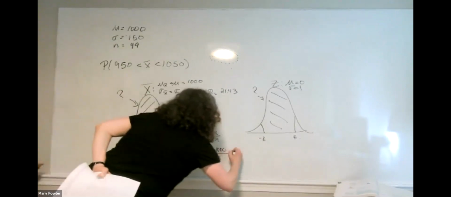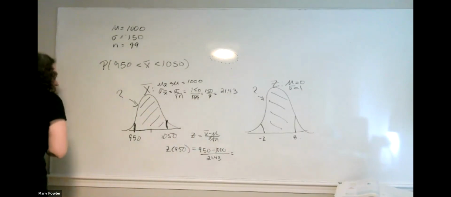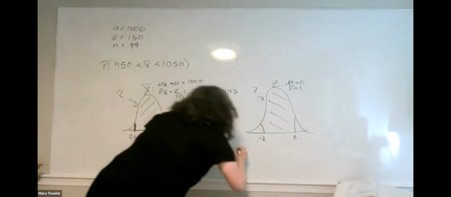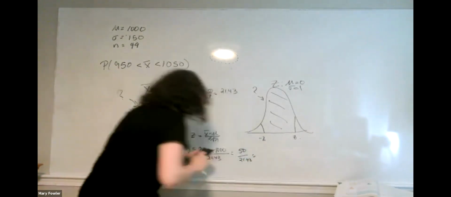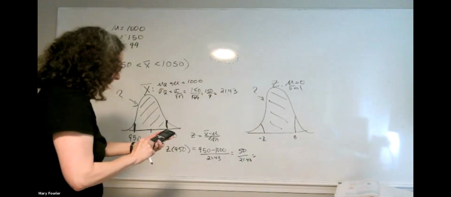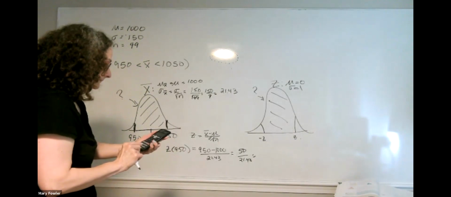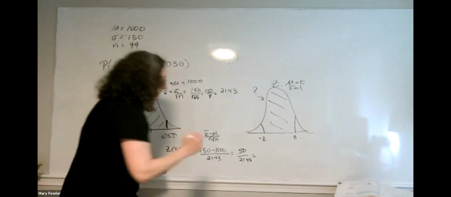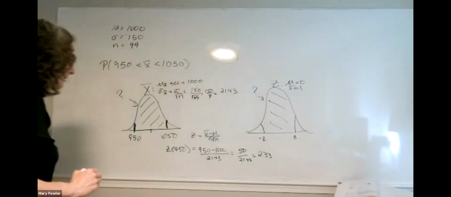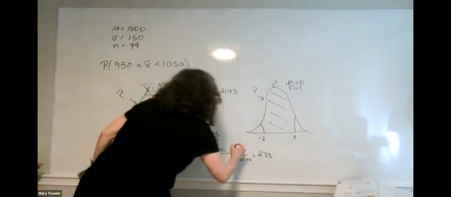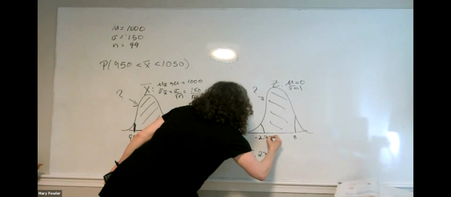Let's express this to 2 decimal places. Take out your calculators, please, and work along with me. I'm getting negative 2.33.